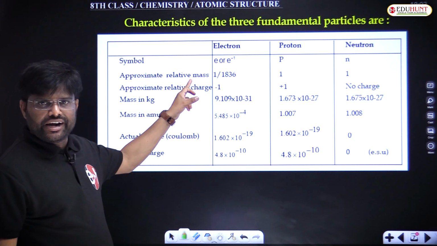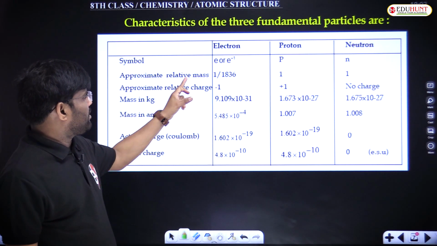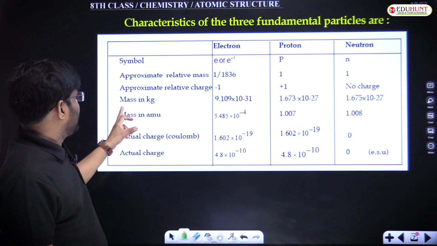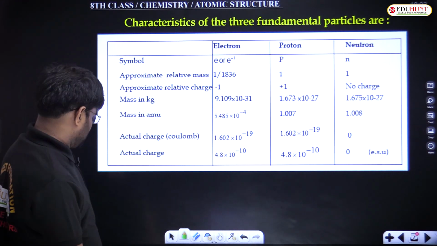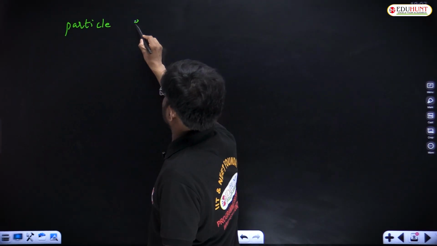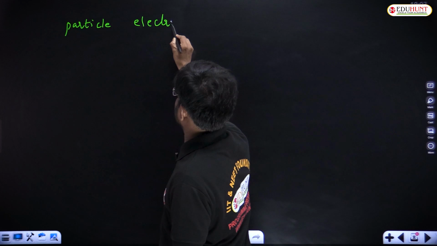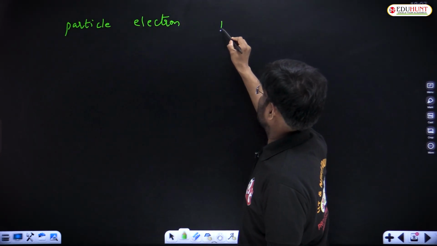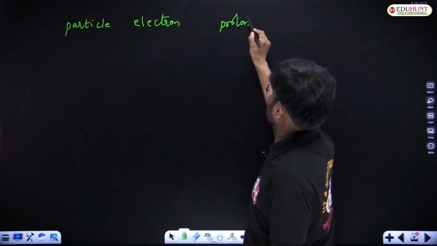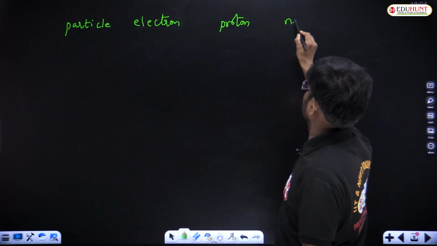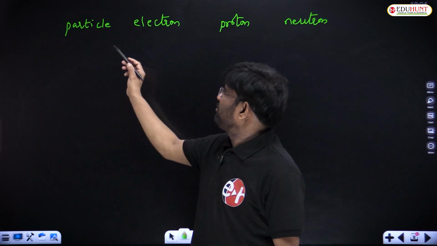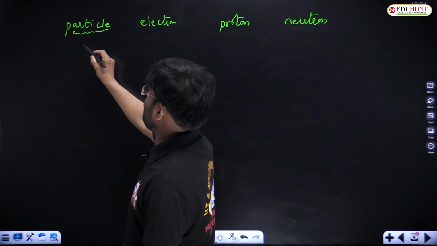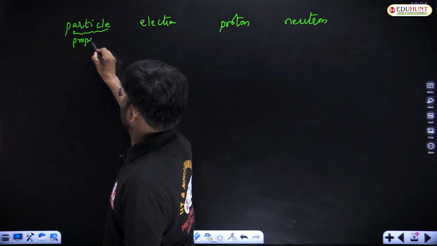Let us discuss this part. First one symbol, relative mass, relative charge, mass in kgs, mass in AMU. Let us take the particles: electron, proton, neutron. Here I am writing the particle property.